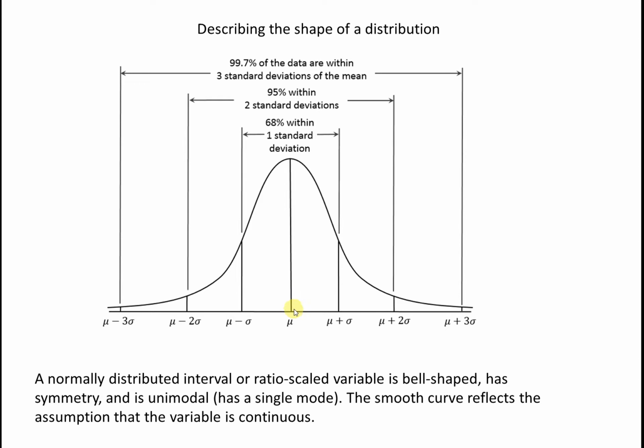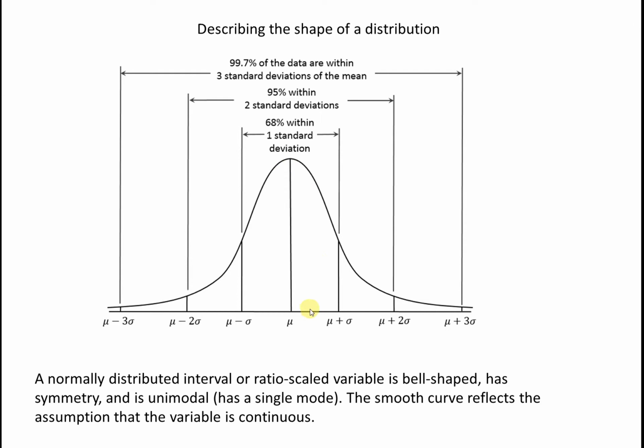Think about it this way: the height of the distribution at any given point represents a proportion of the distribution that's falling within a certain region. With a normal distribution, at the center would be the mean, also the median and mode. All three of those would line up right at the center of the distribution.